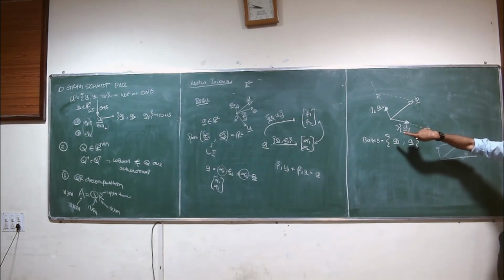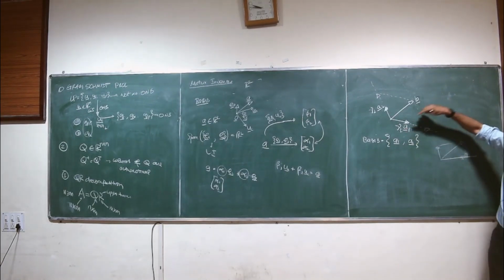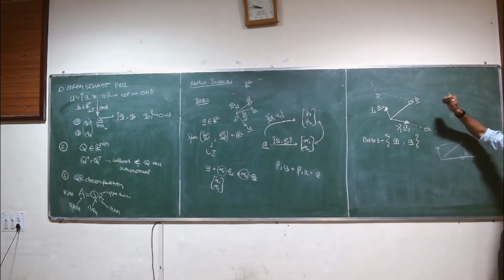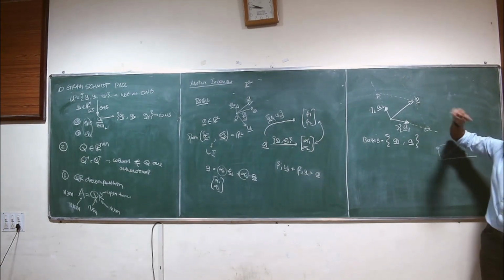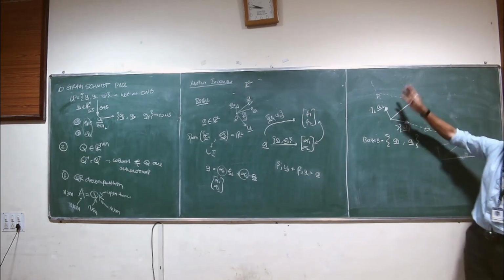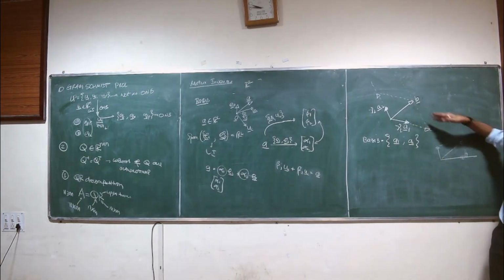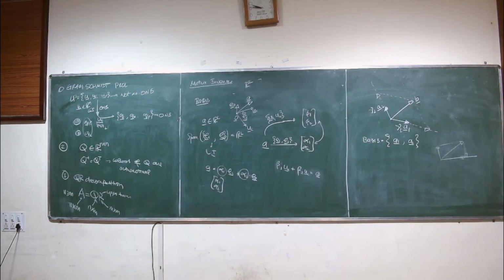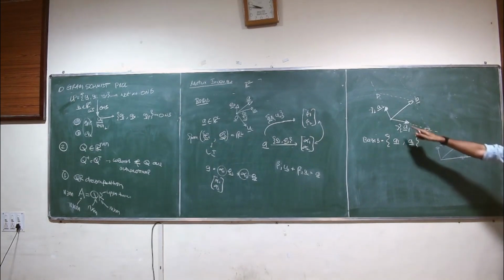For example, alpha A1 is the component of B along A1, but projected along A2. That means the line that you drop has to be parallel to A2, and so on and so forth. Geometrically, this is how you find out.